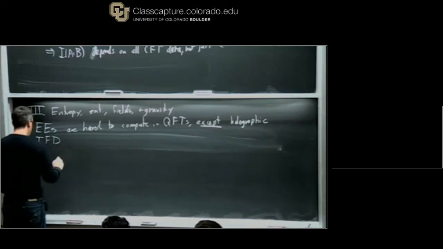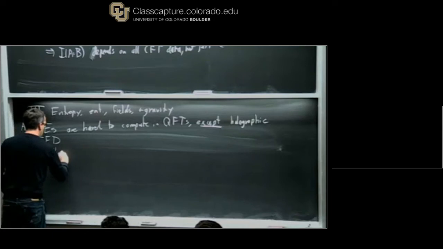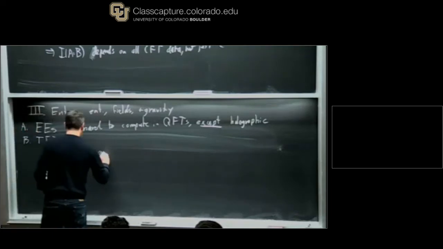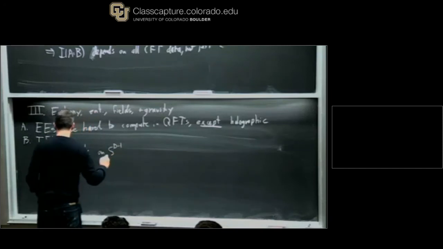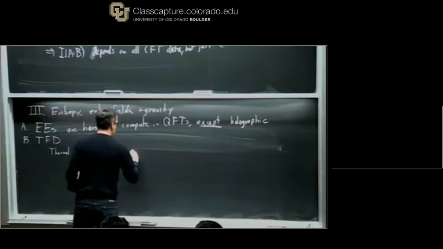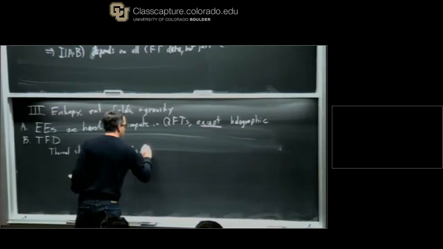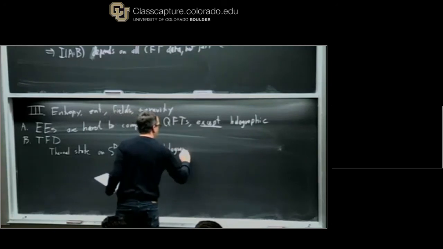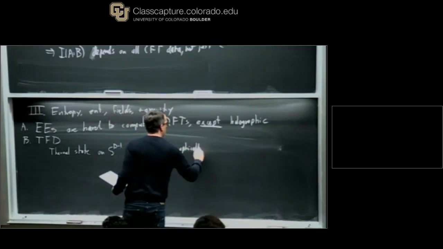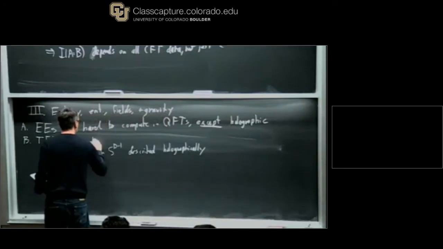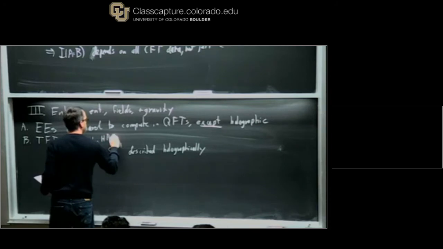The thermal state on S^(D-1), if we're above the Hawking-Page transition, is described holographically by a black hole.